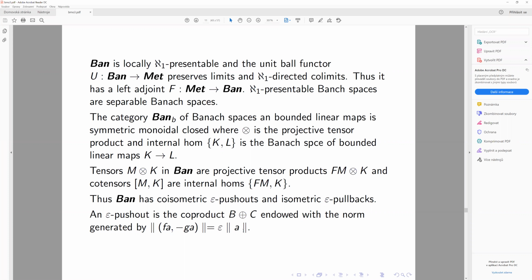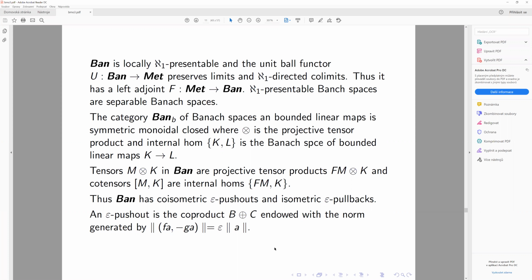Maybe not in the general situation, but in a special situation when one of these maps is the identity. But you can, in fact, describe in this way that Banach spaces have epsilon pushouts. So you could have another way to prove that this category has weighted limits and colimits just by taking epsilon pushouts and epsilon pullbacks. Jiri?